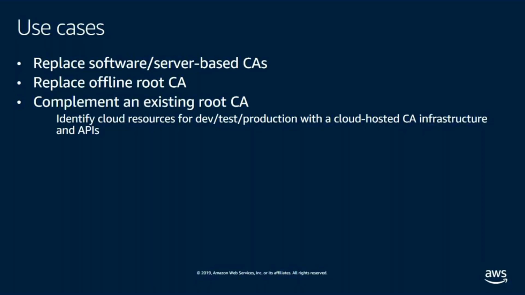Another application is to complement an existing root CA. For example, you can create a root CA in a hierarchy for cloud resources. You would limit the distribution of that root CA to specific hosts, for example, just your cloud resources. That allows you to constrain the trust boundary to a subset of your environment.